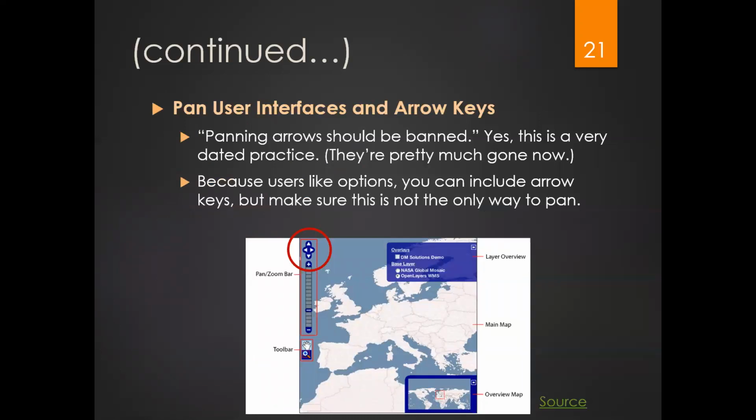And pan user interfaces and arrow keys are new. They are exclusive to web maps. They do not exist in a static map.